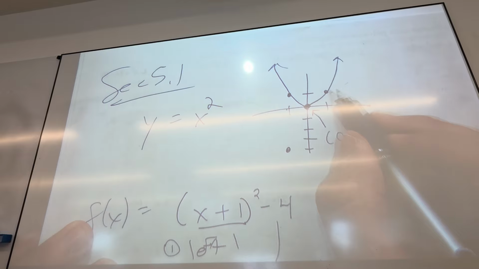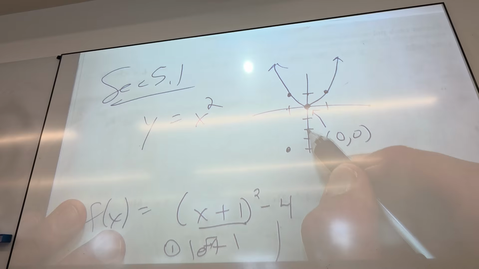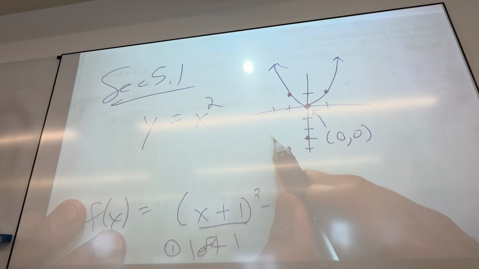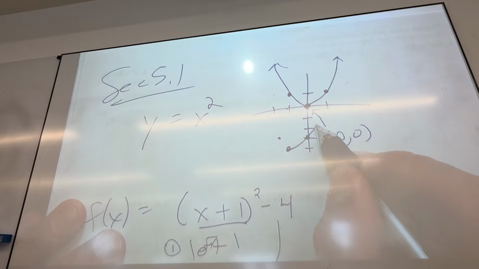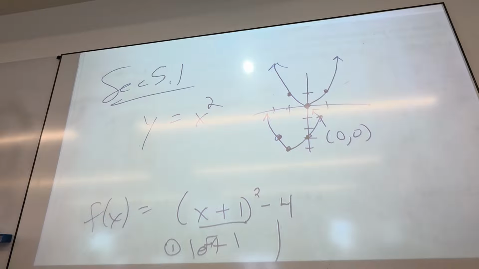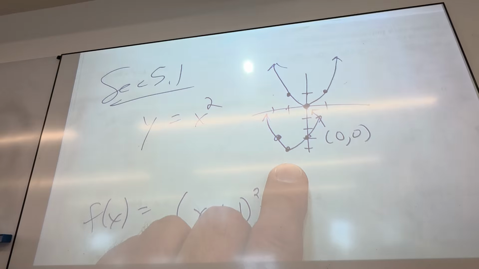Just to make a complete shift, watch this. This point would go left 1, down 4. This point would go left 1, down 4. And then I just redraw it. Where's the vertex now? Like you said, -1, -4, yes?